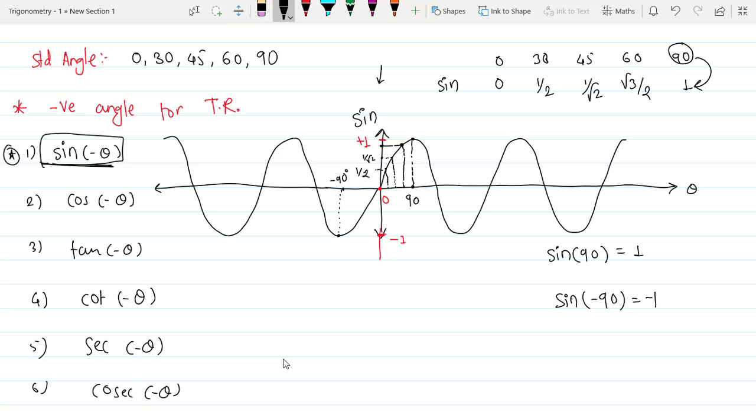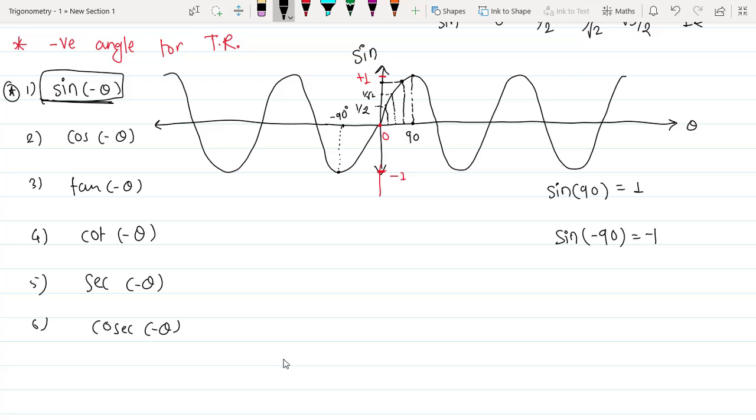So can I say directly in a standard way that sine of positive theta is equal to sine theta, and sine of negative theta is equal to minus sine theta? Can I say? Yes. It means if a negative angle comes with sine, then the magnitude is going to be negative only. This negative sign you will get here.